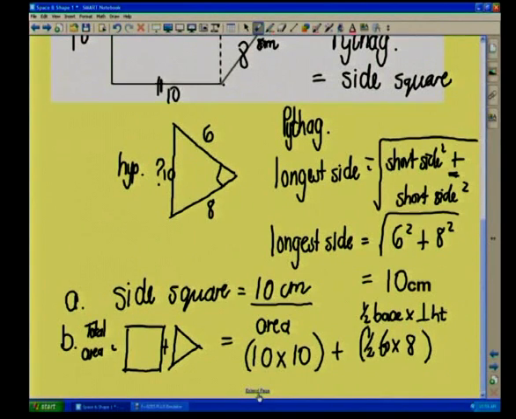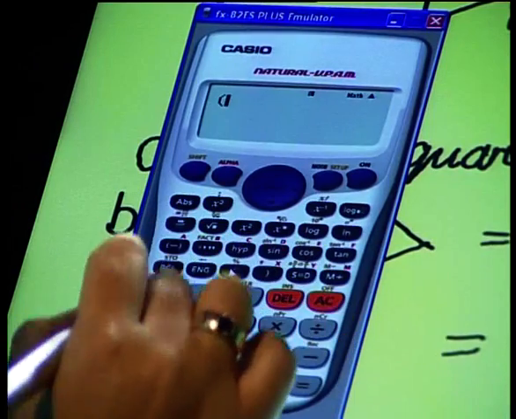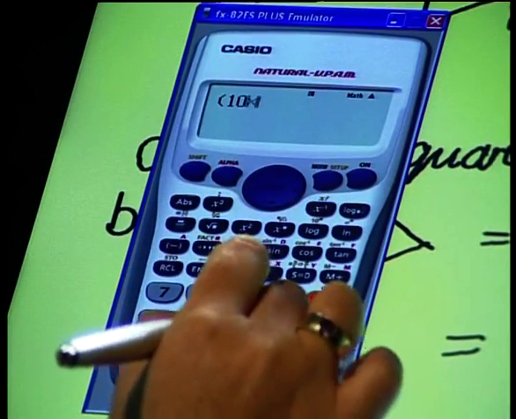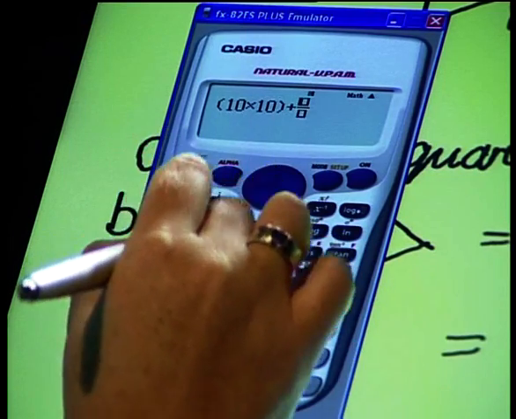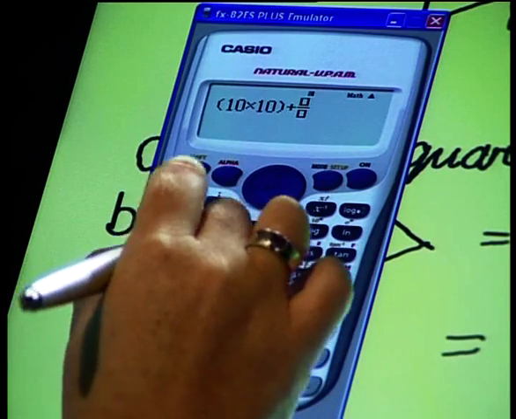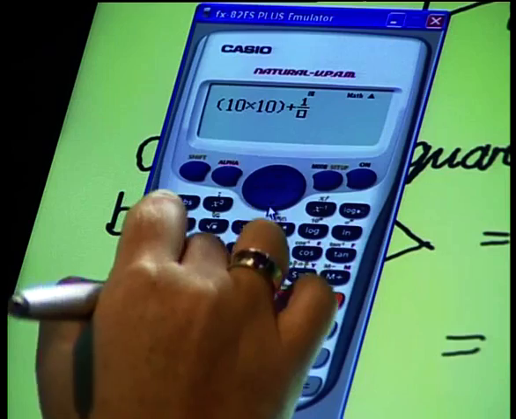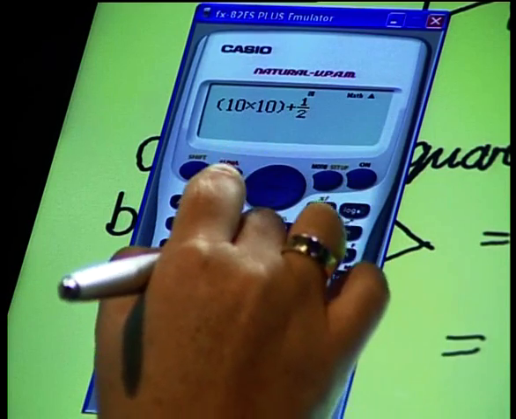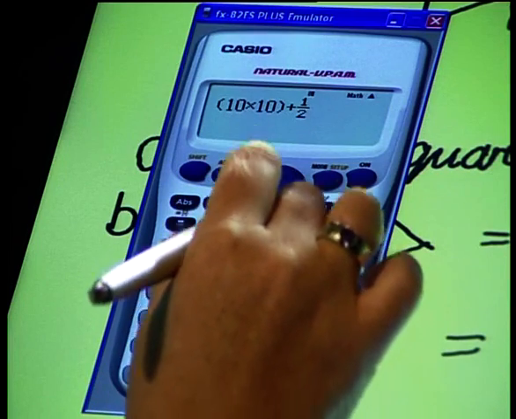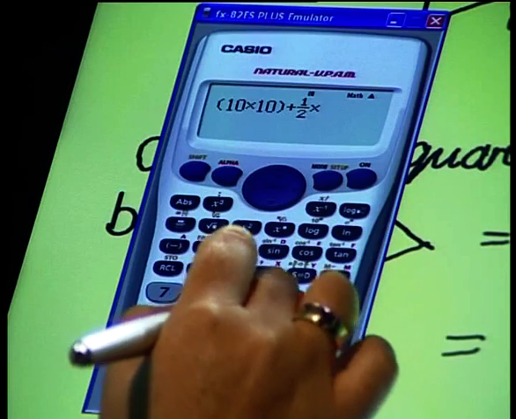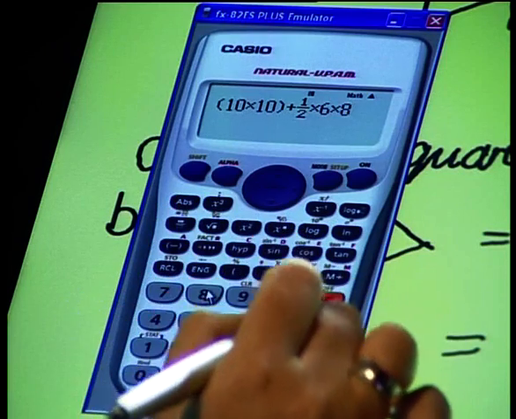It doesn't really matter which way around we write that, because 6 times 8 and 8 times 6 is actually the same answer. And to make sure we don't make any silly mistakes, let's go back to our calculator and type it in exactly as I've written it. Plus half times 6 times 8.